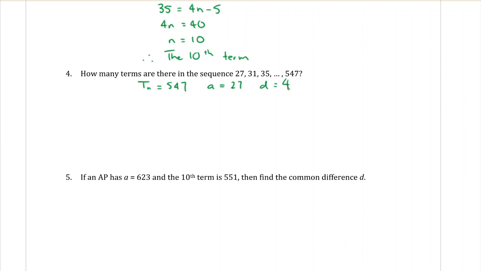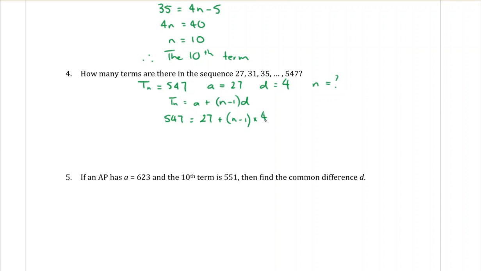Putting those things into our formula, which I'll write down for you: T of n equals A plus n minus 1 in brackets D. We're trying to find the n. So you could put over here n equals question mark. That's what I'm trying to find. T of n is the 547. A is 27 plus n I'm trying to find, but D is 4.